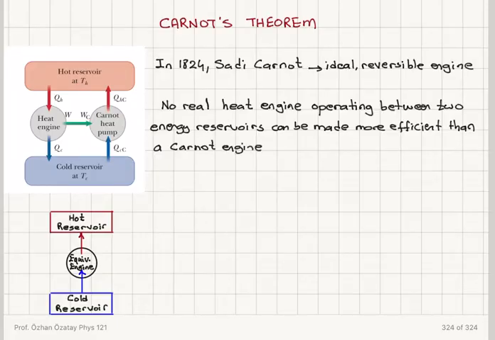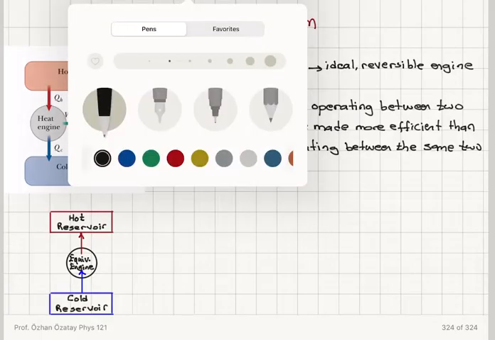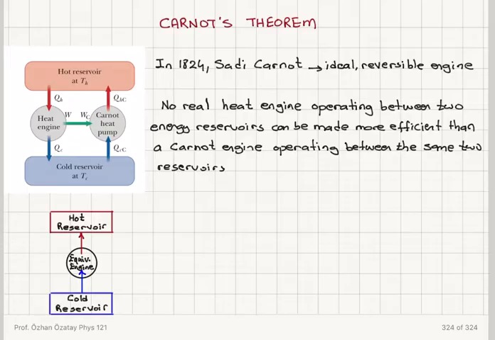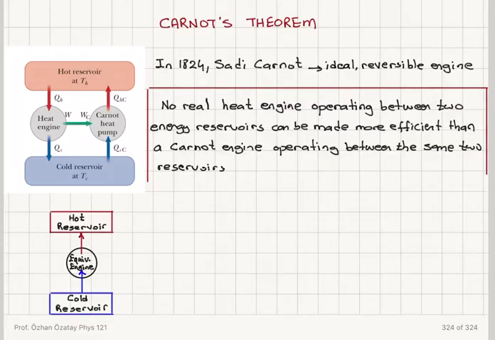And this engine has to be operating between the same two reservoirs. Basically, Carnot says, theoretically, the maximum possible efficiency for an engine operating between two energy reservoirs is that of a reversible engine, which is called the Carnot engine.